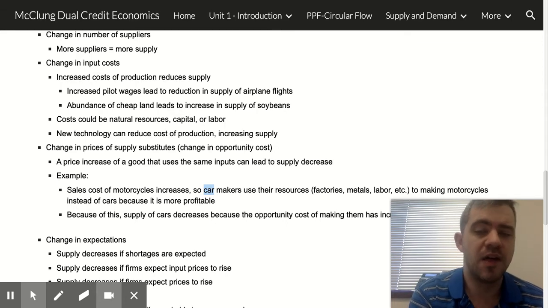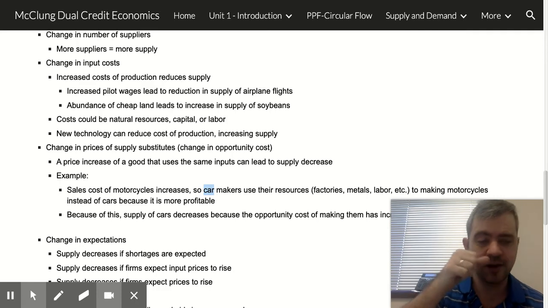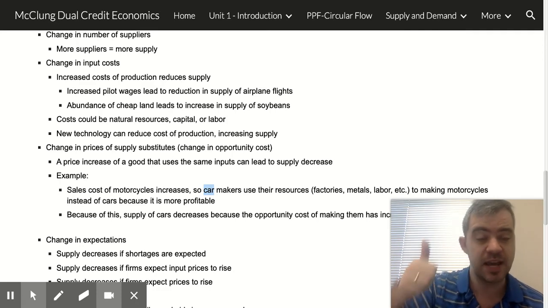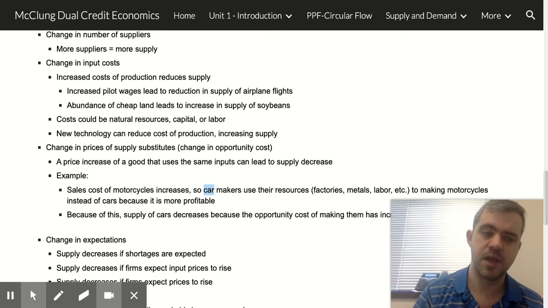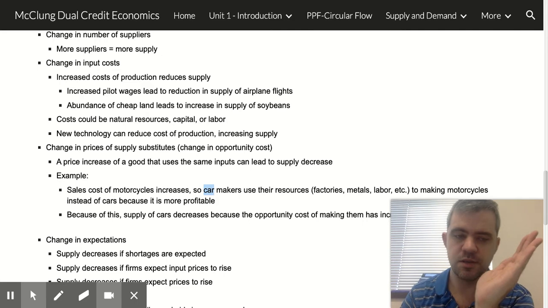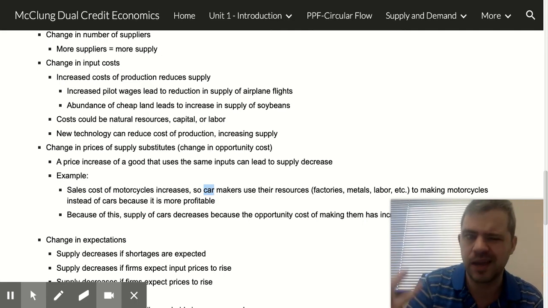So all that to say, if the price of a supply substitute increases, supply decreases because we make more of that thing. If the price of the substitute decreases, then supply increases because we're making less of the other thing.